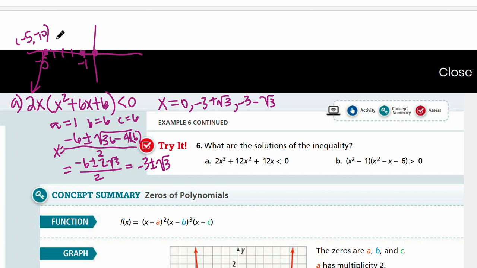Okay, and then if we check negative 2, we're going to have negative 2, 8. So here is positive, so we're going to have a positive. And then from here, if we check negative 1, because negative 1 is greater than negative 3 plus root 3, it's part of this interval, not this interval.